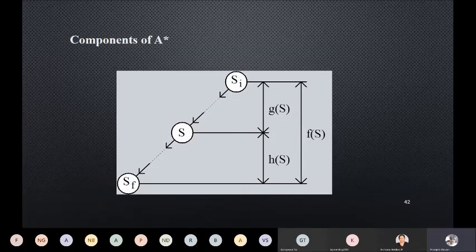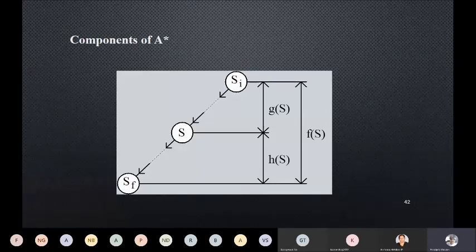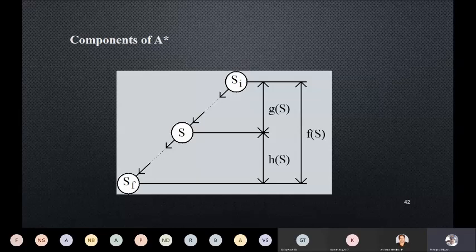So here g(n), the function g, will signify the past, what has already happened, and what I accurately know: I accurately know the distance the aircraft took to fly from Bangalore to Dubai, or the time it took to do that. h(n) is an estimation about the future. So I do not know exactly how much the aircraft will take flying from Dubai to London, but I have some sort of estimate.